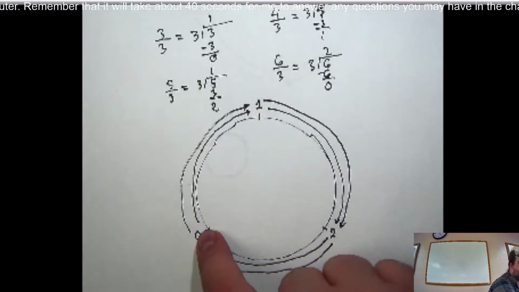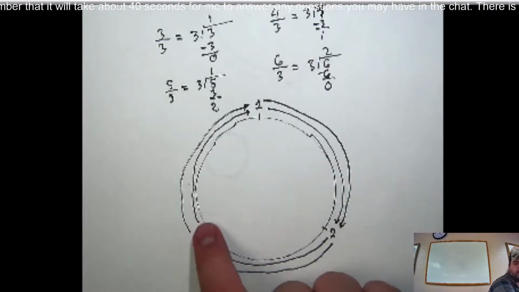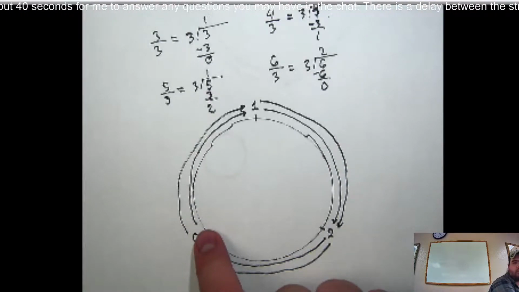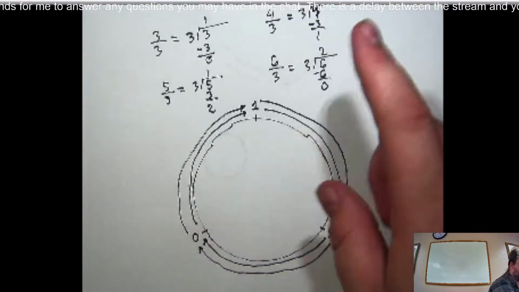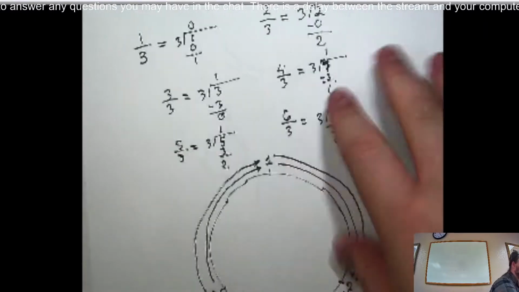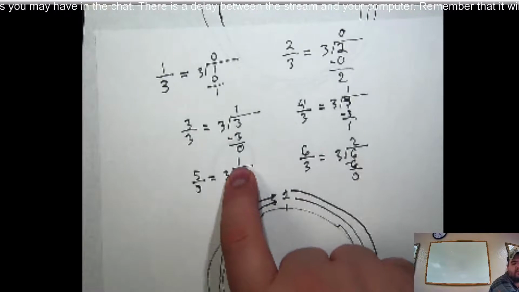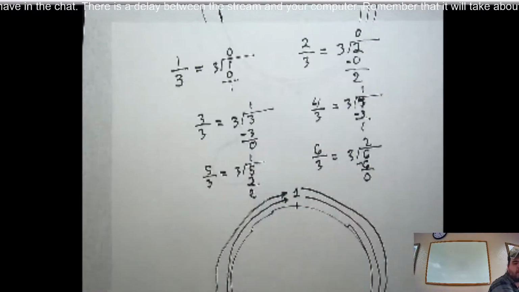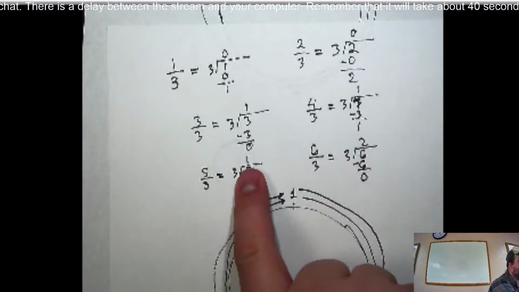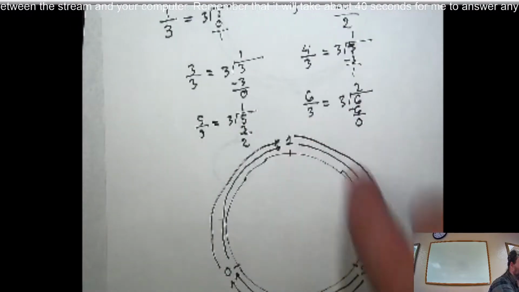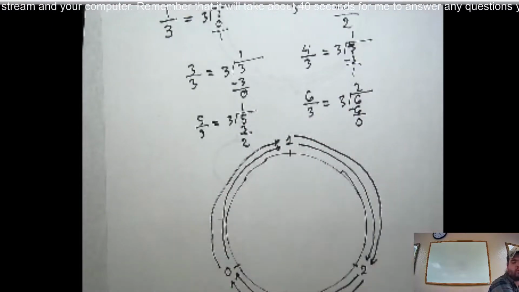So that'd be 6. Another rotation would be another 3. That's 9. Another rotation would be another 3. That'd be 12, so on and so forth. So this quotient tells you how many 3s we've gotten, how many times we've gone around the circle. So this is a single 3 that we've gotten, this is 2 3s that we've gotten. Then the remainder tells you what position we're on in this circle.